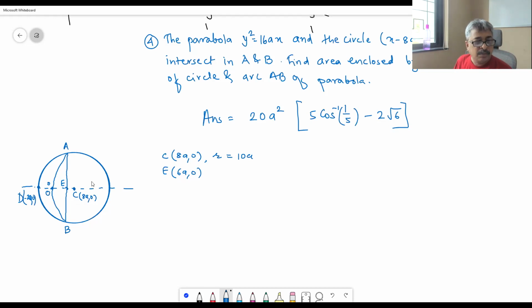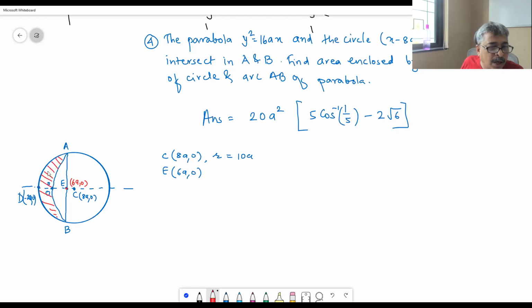Okay. And you are supposed to find out the area between the parabola and the minor arc. So first we should find out the area of this sector. E is 6a comma 0 and D is minus 2a.